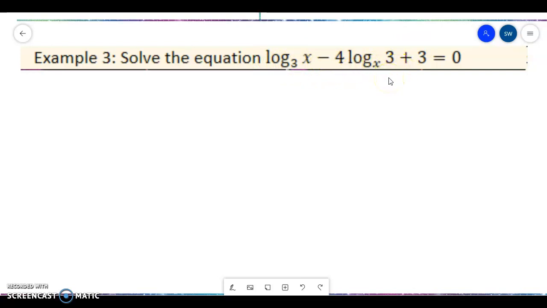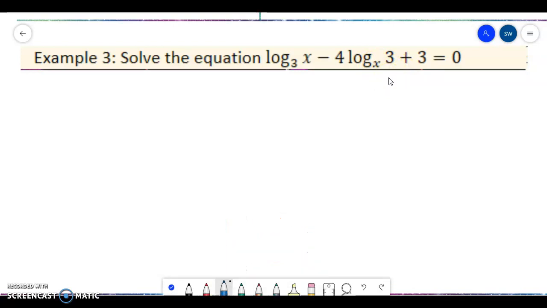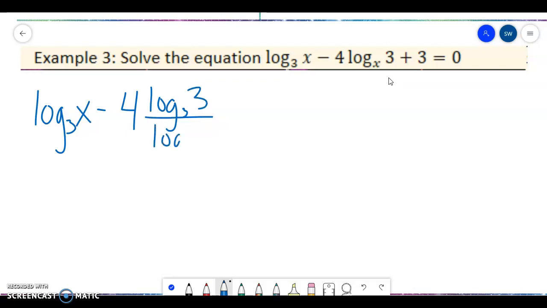So what I'm going to do is convert the second log to base 3 using the change of base formula. The 4 just stays a coefficient. So it'll look like that. Now, if you remember, log 3 of 3 is just 1, so that's going to go away.